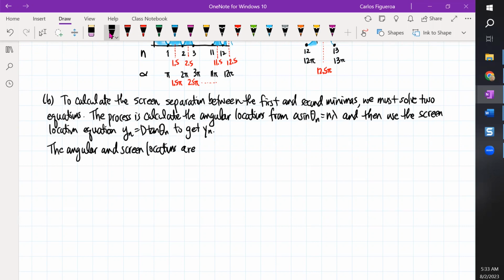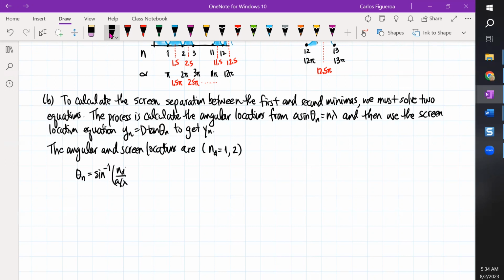So when you look at these things, we're only interested in theta 1 and theta 2. In other words, we only want n equal to 1 and 2, and that's it. So if I look at this, theta of n from the path difference equation is going to be sine inverse of n lambda over a.